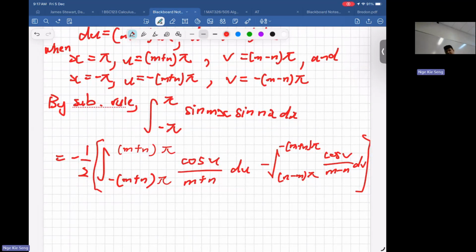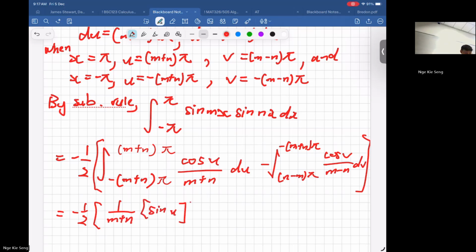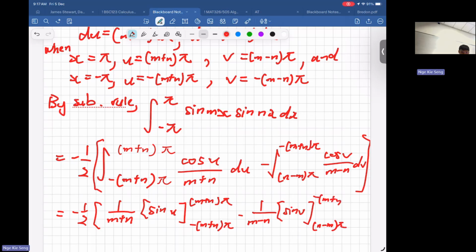In this case, just do the usual integration. Right, until this stage, did you see any problems after you write down this step here?